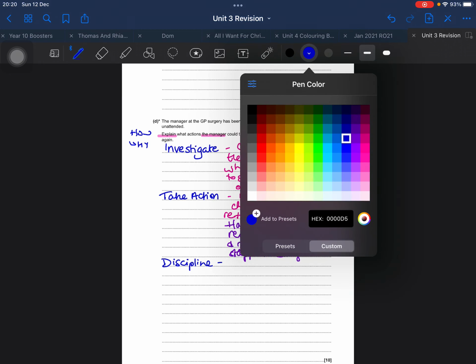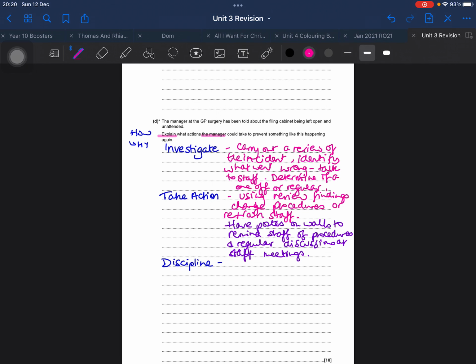Okay, so if disciplinary is going to take place, this is where you found that the staff are not following the updated policies and procedures. So they've been given a chance to follow these new procedures. If this is continuing to happen, then we may implement disciplinary procedures.